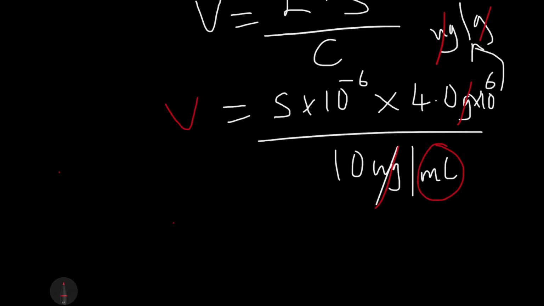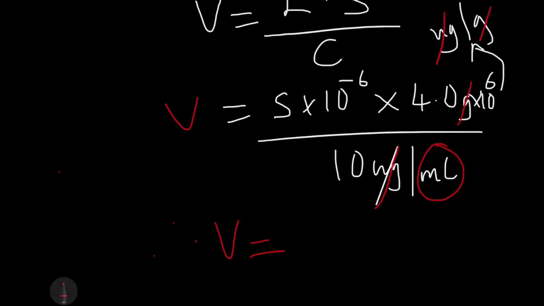So now, therefore, our volume is equal to, so all we've got to do is punch everything into our calculator and solve nicely. That is 5 times 10 to the power negative 6 multiplied by 4, then that's my value.